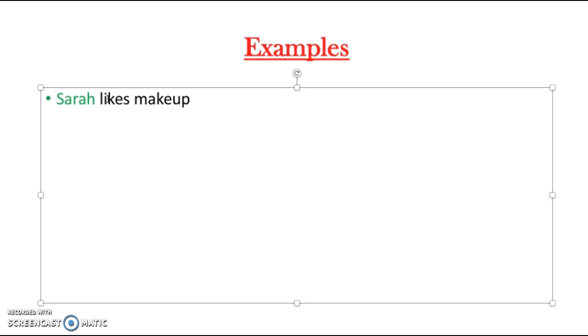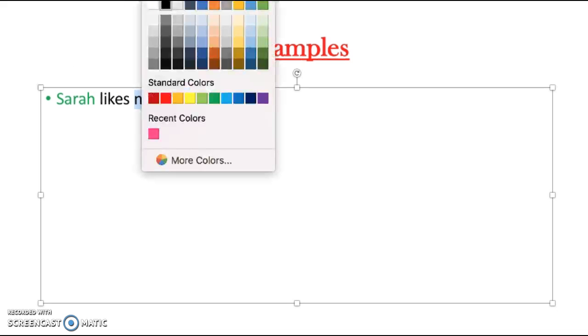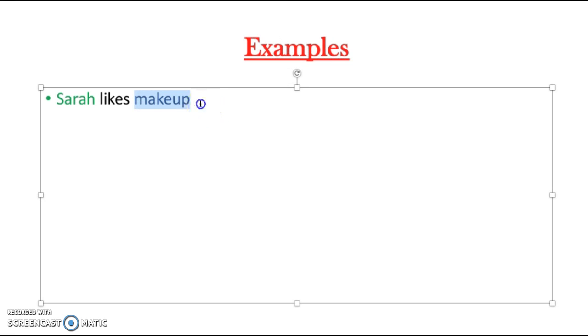You're saying that Sarah does. And then makeup would be the common noun because makeup, it could be any kind of makeup. You're not really specifying what type of makeup that Sarah likes. Okay?